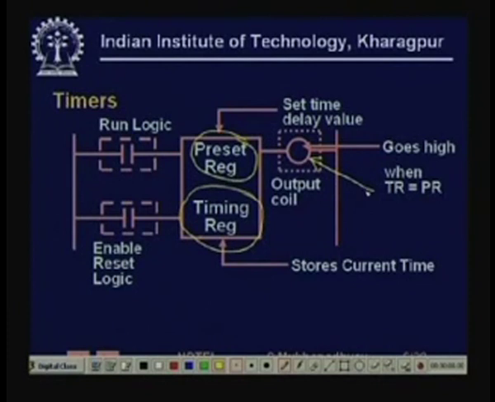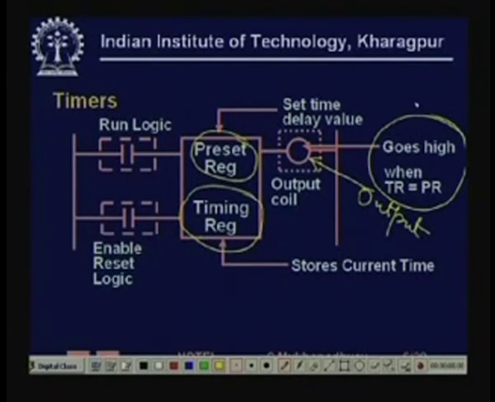After some time the timing register value will reach the preset register value, at which time the timer will stop timing further, that is the timing register will stop incrementing, and the output will be asserted when TR equals PR.